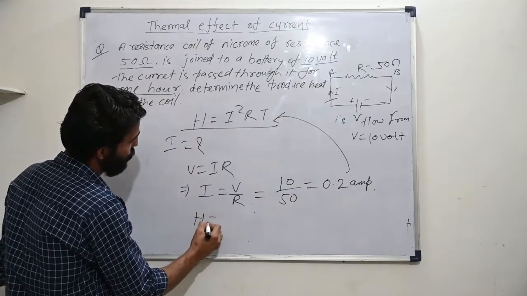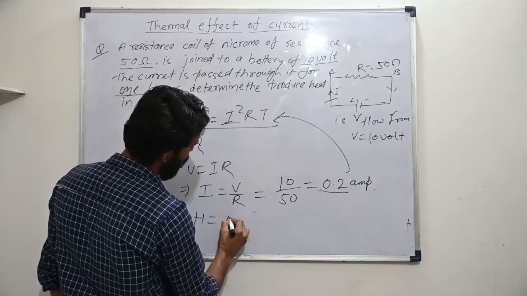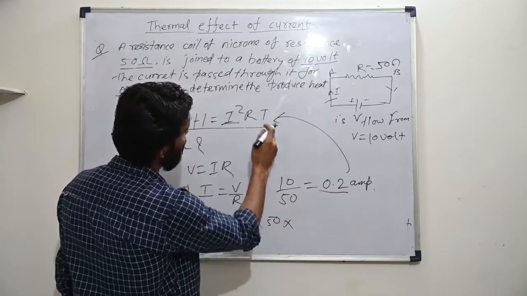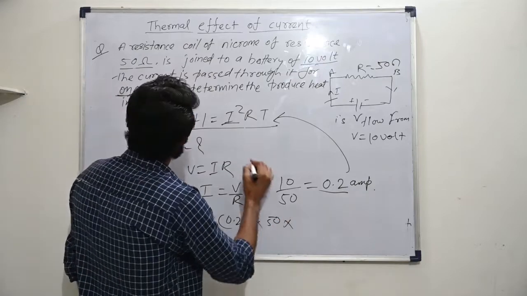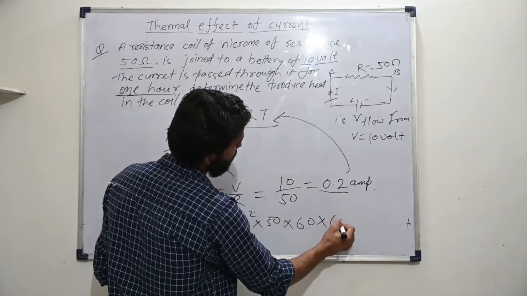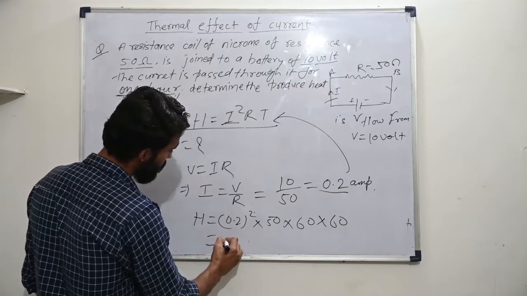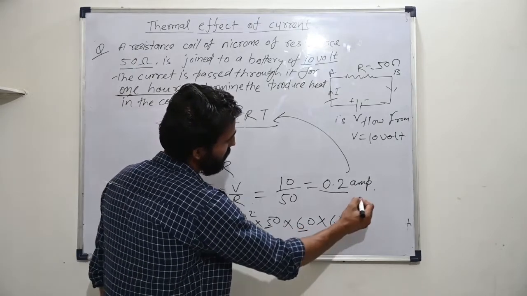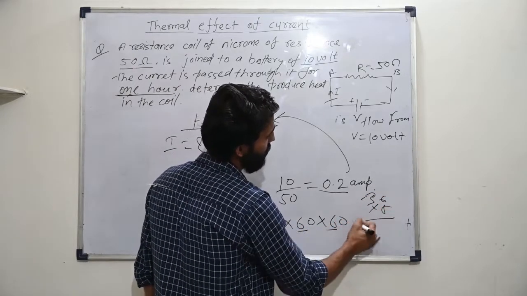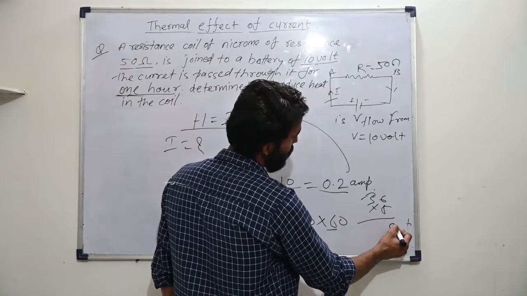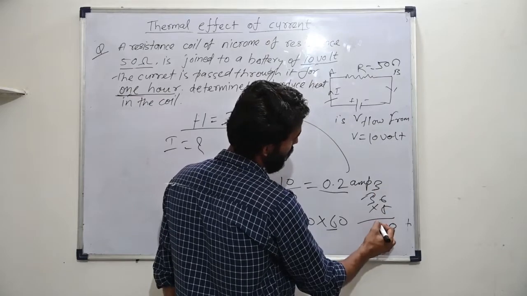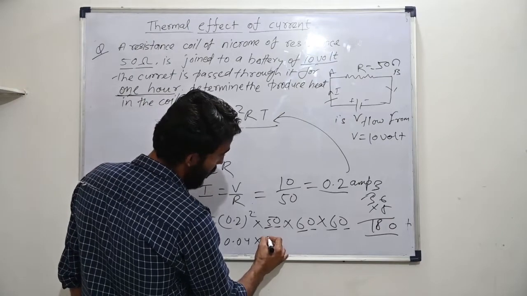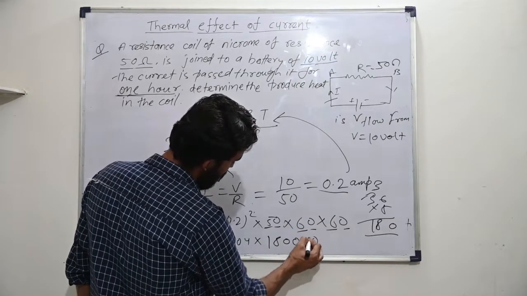Now we can get the generated heat. H equals I square, 0.2 square, multiplied by R, 50 ohm, multiplied by T, 1 hour. 1 hour equals 60 multiplied by 60 seconds. So 0.04 multiplied by 50 multiplied by 3600.